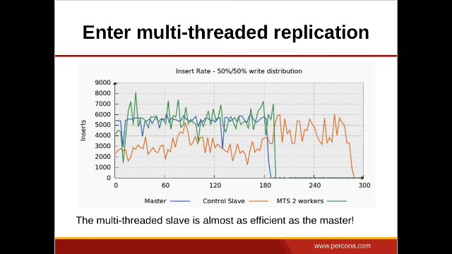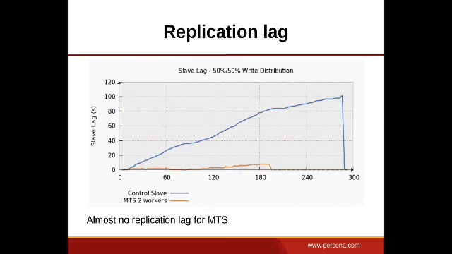And if we look at the replication lag, the difference is striking. While the single-threaded slave was lagging a lot, the multi-threaded slave with 2 workers is almost not lagging. This is very good. Now let's look at the slave with 50 workers.